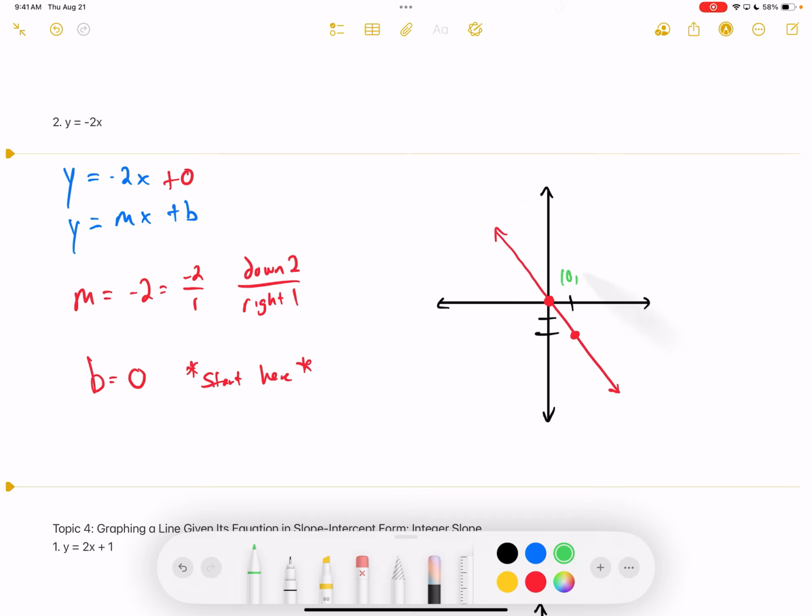So I start at (0, 0). I go down 2 to the right 1. You only need 2 points to make a line graph. But every time I think about doing these: find the m, find the b, find the slope, find the y-intercept.